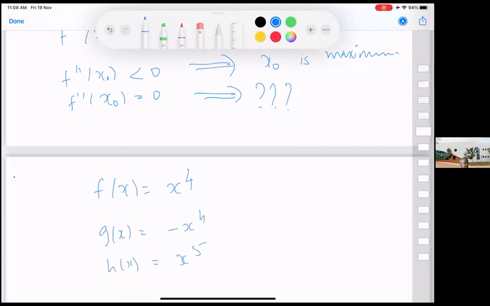If we take these three examples, what is f double dash of 0 for this? This is also 0. 12x squared, sorry. Yes, f double dash is 12x squared, but at 0 it will be 0.